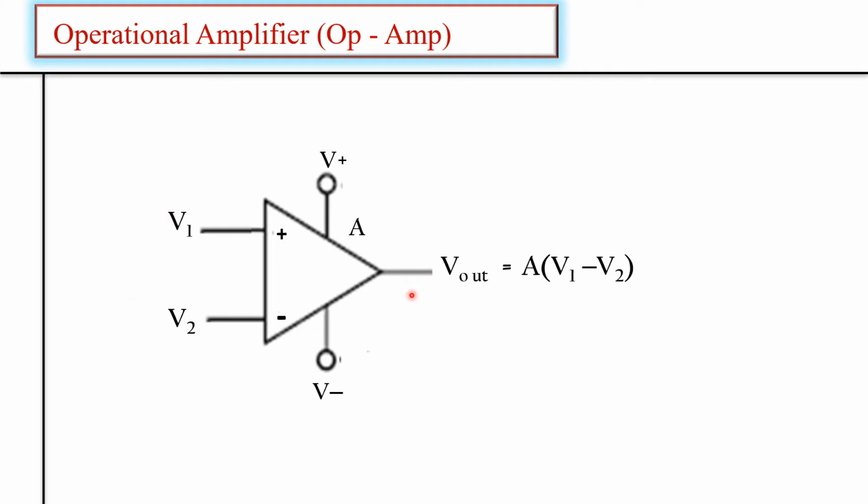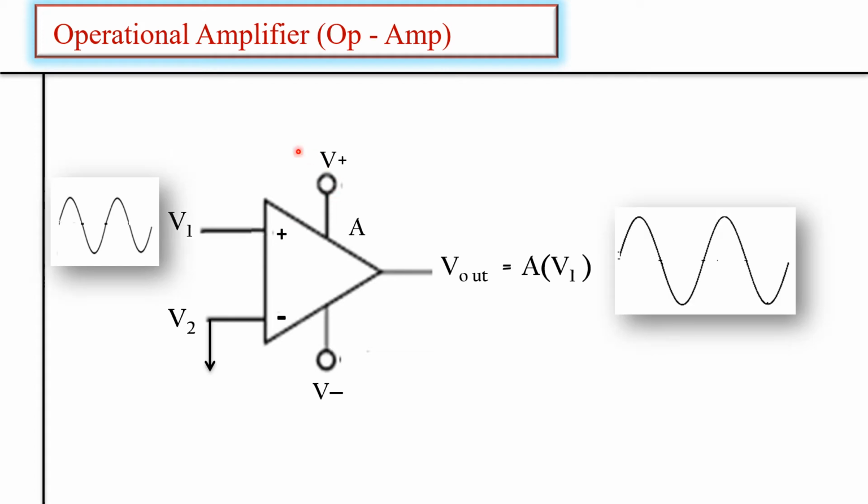So output voltage is equal to gain A into the difference of the input voltages, A into V1 minus V2. So V out equals A into V1 minus V2. Clear?